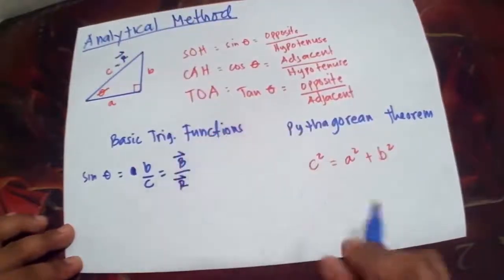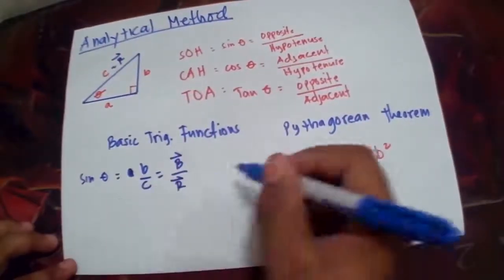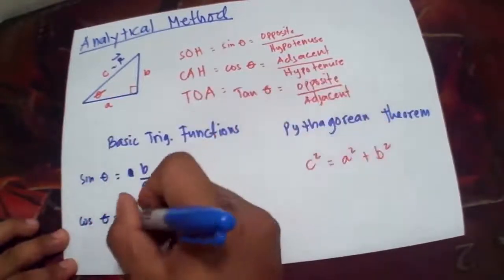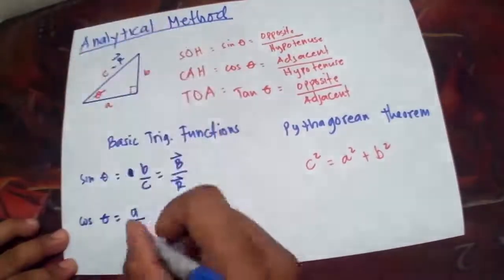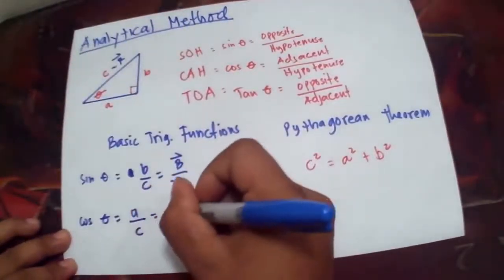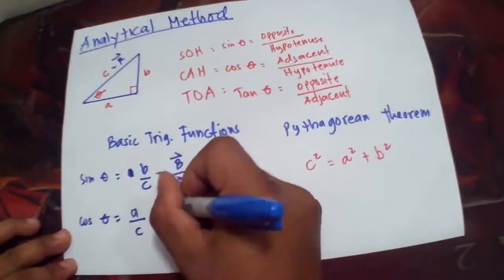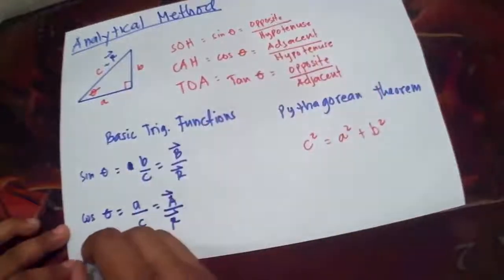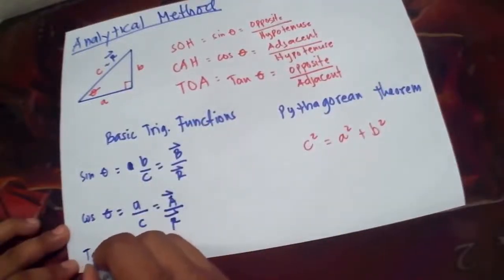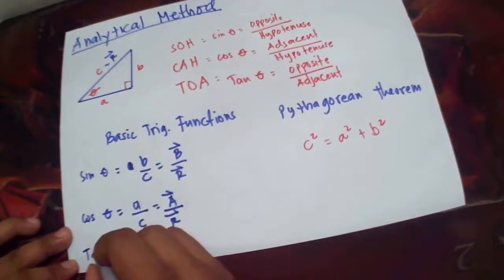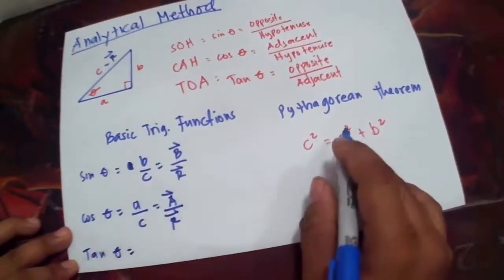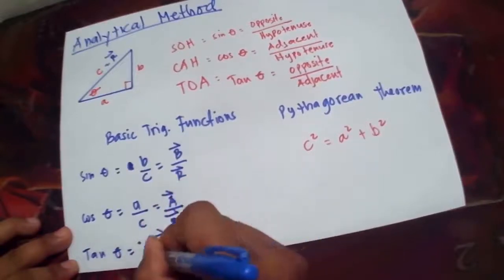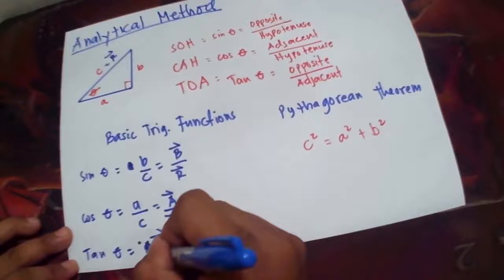For cosine theta, this is equal to adjacent, that's A, over C, which becomes vector A over the resultant vector. And for tangent theta, it is equal to vector B over vector A.